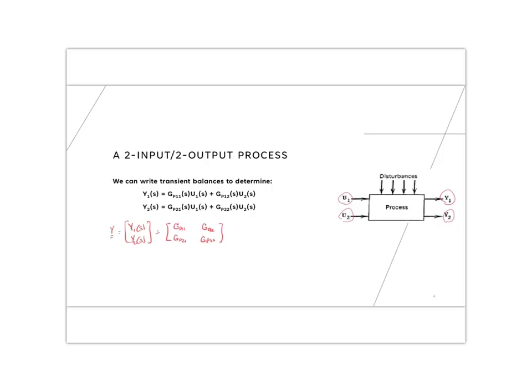Each of those being a function of S, those transfer functions. And they are multiplied by my inputs U1 of S, U2 of S, the manipulated variables.